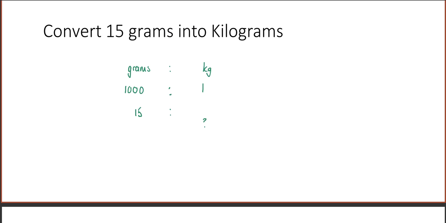So we've set it up with a ratio. You should be starting to figure out now that if the number is under the 1,000, I'm not going to multiply. All right. So if I can't multiply, what have I got to do?